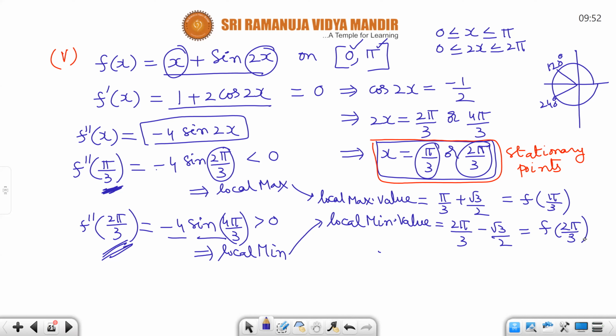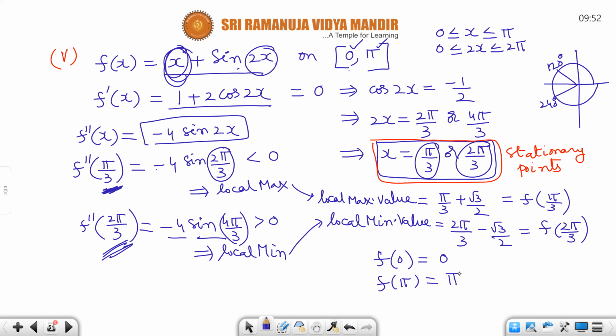What is f of 0? X equal to 0, sine 2x is sine 0, so 0 plus 0, 0. So f of pi, the other end: x is pi plus sine 2 pi, which is 0, so pi.